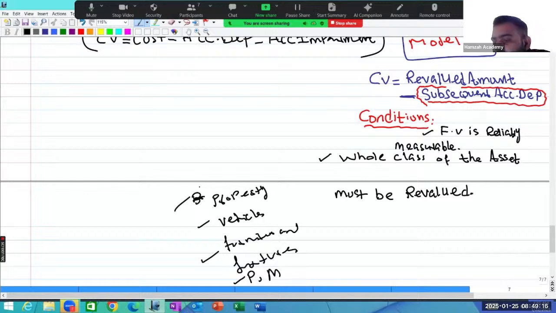That means the whole class of the asset must be revalued. But this is possible: you can use the revaluation model for the property class and still use the cost model for vehicles, furniture, and plant and machinery. But within the class, you have to revalue all the assets available in that particular class of the asset.